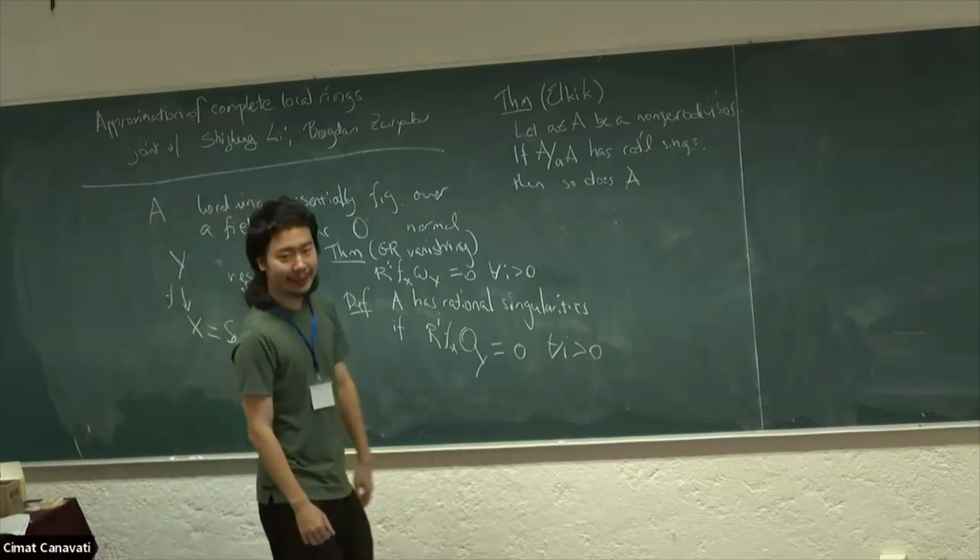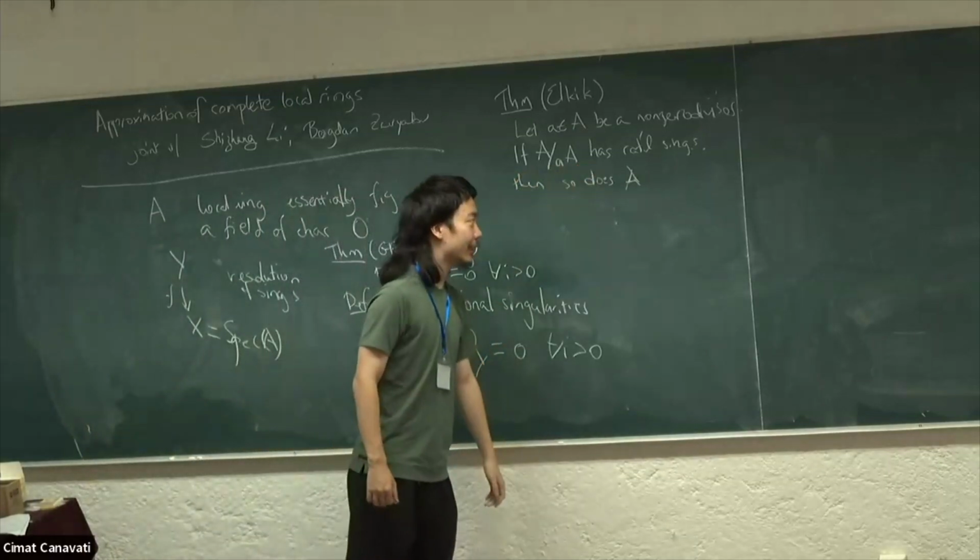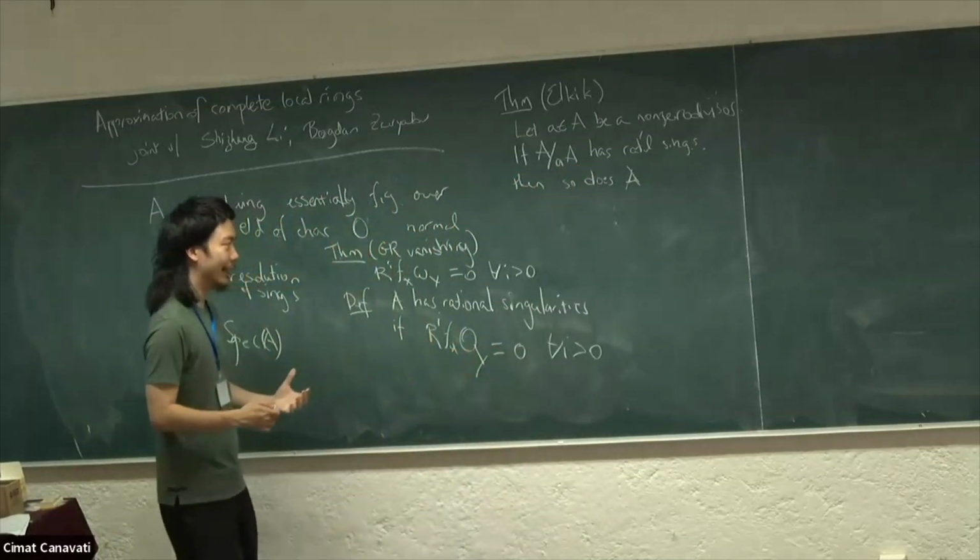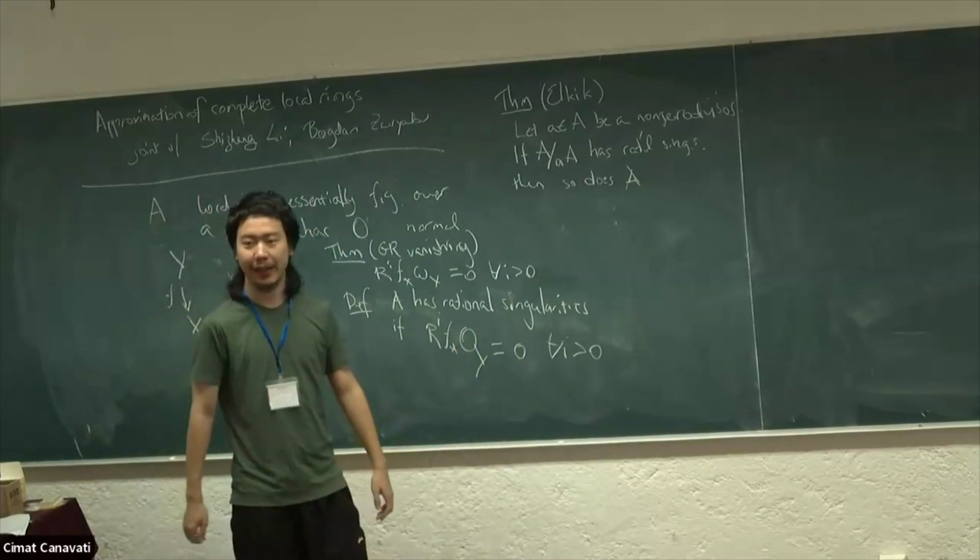Geometrically speaking, it says if a Cartier divisor has rational singularities, then the original variety has rational singularities around that Cartier divisor.